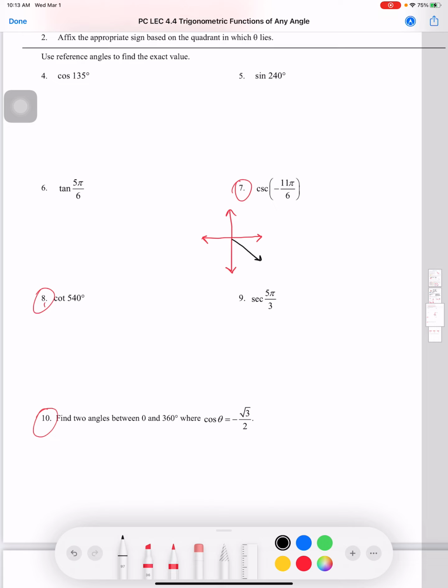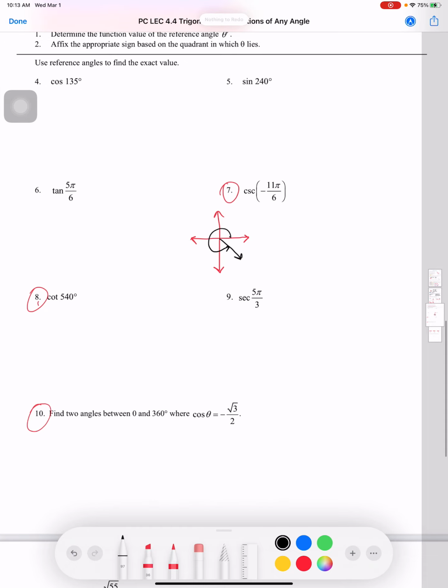So instead of measuring that angle going around this way to 11/6 pi, remember that is our positive direction. What we are actually doing is going in the opposite direction. So negative 11/6 pi is over here somewhere.